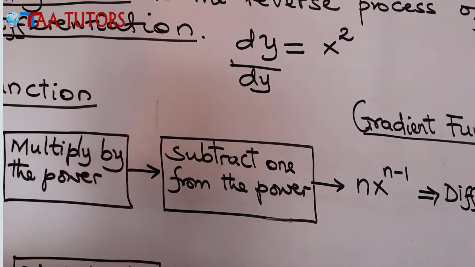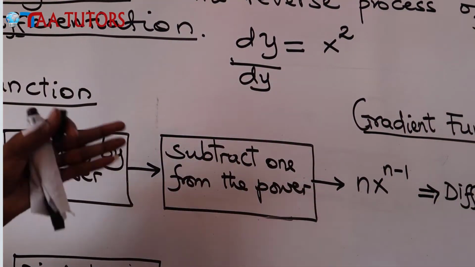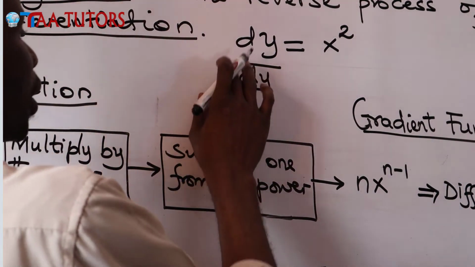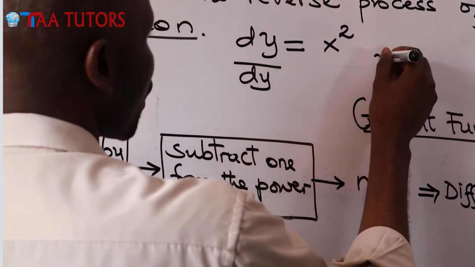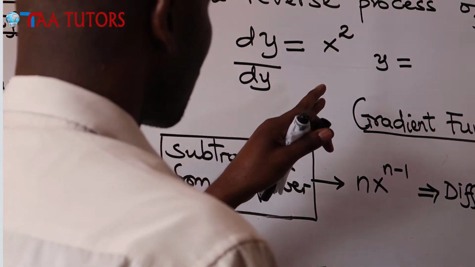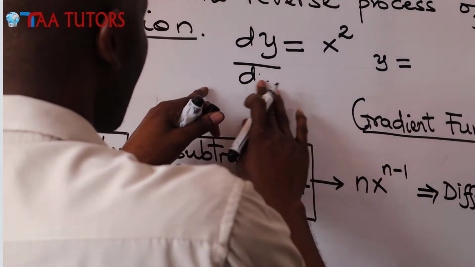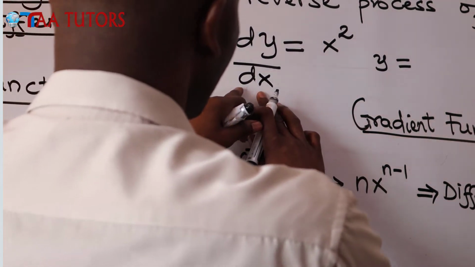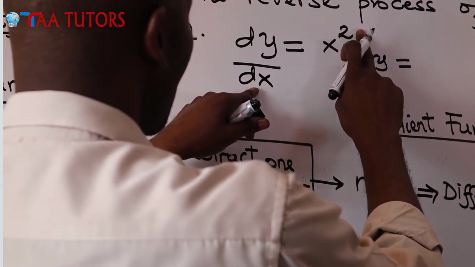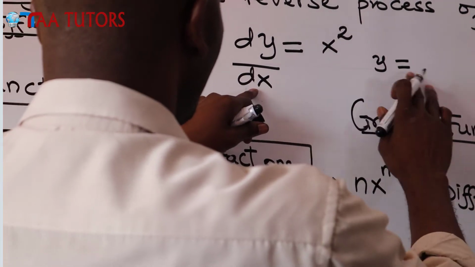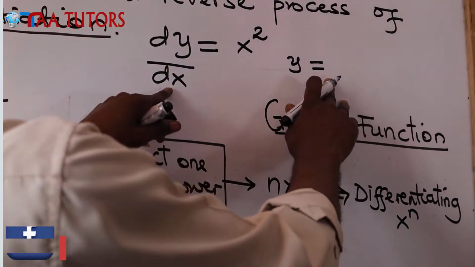If you are getting the function from this particular gradient function, we know that if you have x squared as dy dx, the gradient of the function, and you are getting y, we said you are doing the opposite.